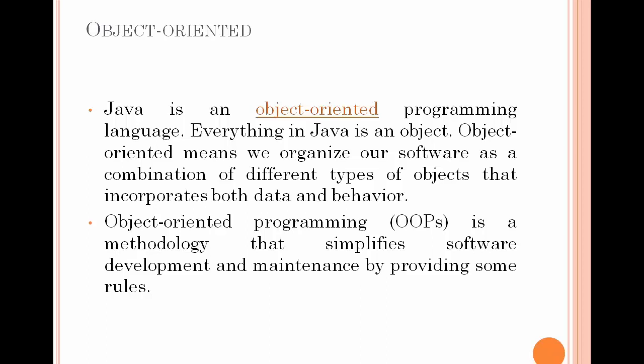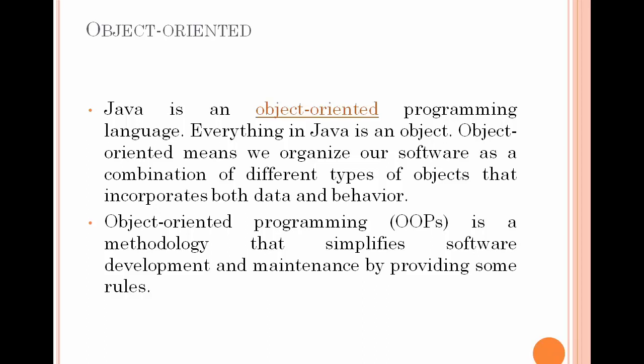Java is an object oriented programming language. Everything in Java is an object. Object oriented means we organize our software as a combination of different types of objects so that it incorporates both data and its behavior. This OOPS concept is a methodology that simplifies the software development cycle.